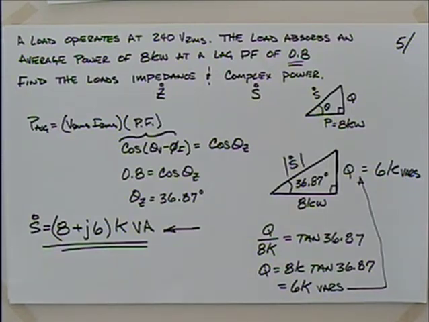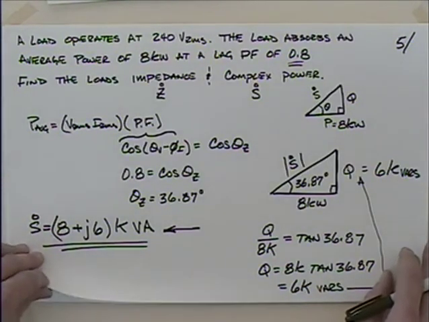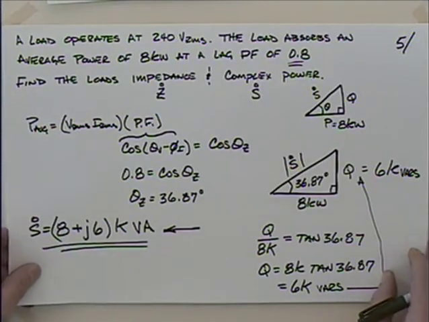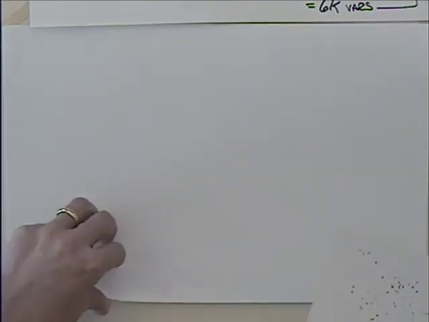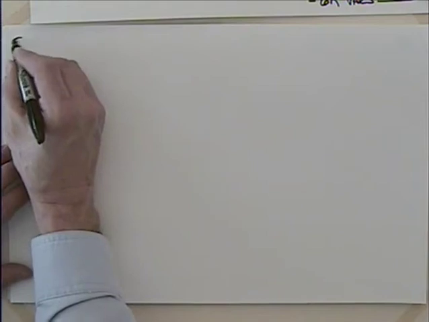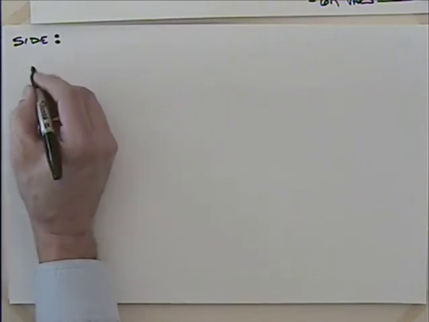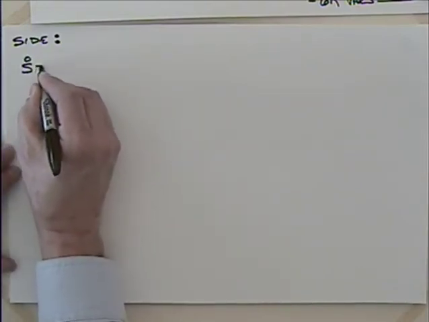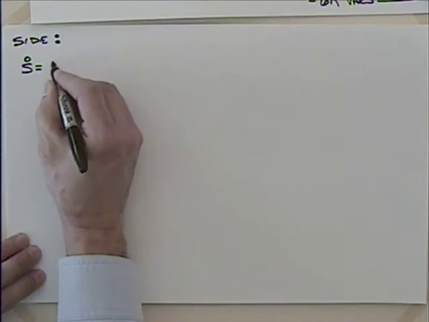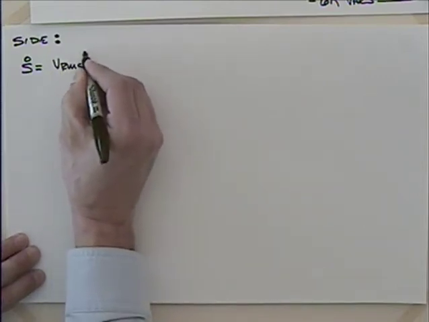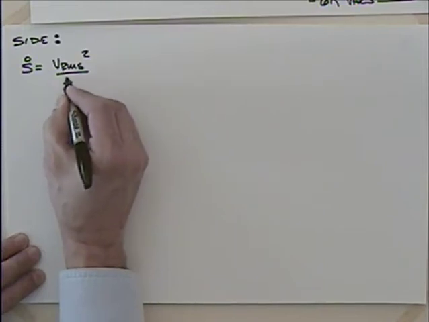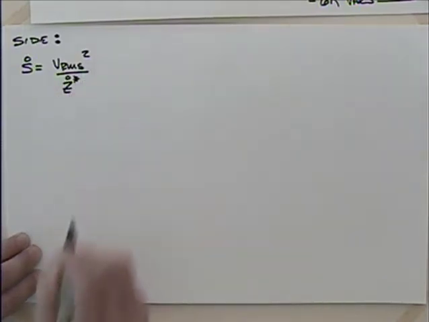Well, we were asked for the impedance. So let's see if we can get that. I'm going to take a bit of a side here. So we'll say on the side, your author comes up with an expression and all of a sudden says that the complex power S is equal to V RMS squared, the magnitude squared, divided by the conjugate of the impedance.